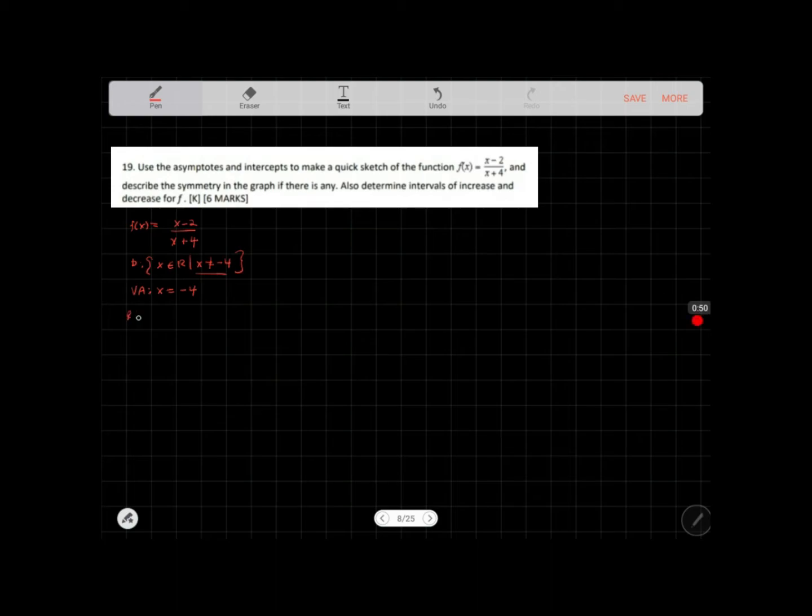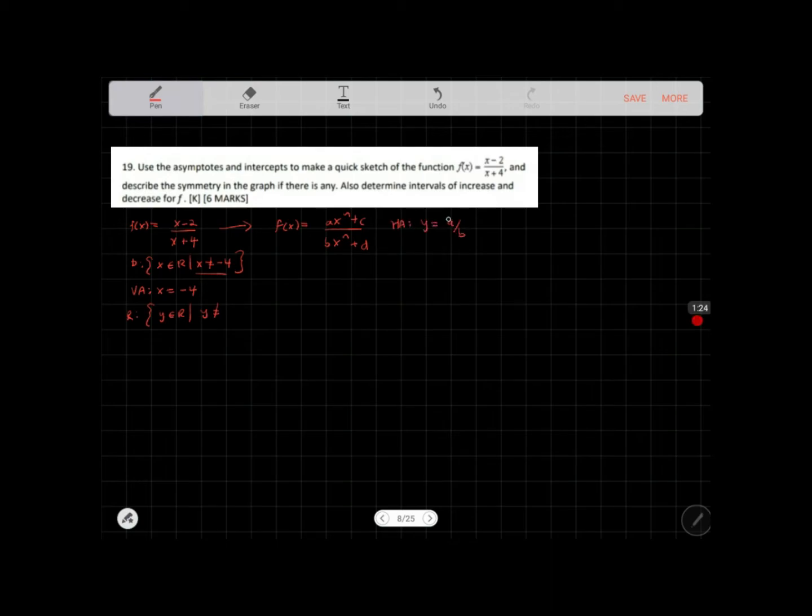The range here: y belongs to all real numbers, y cannot equal, and because our function is a rational function and it's in the form of ax^n plus c over bx^n plus d, and the degree of the expression on the numerator and the degree of the expression on the denominator are the same, then the horizontal asymptote, let's write HA here, occurs when y is equal to a over b.